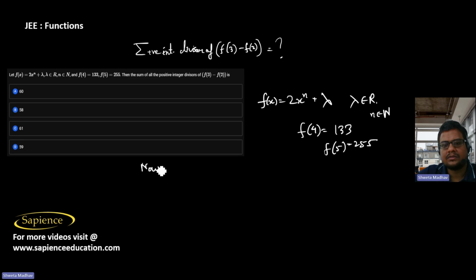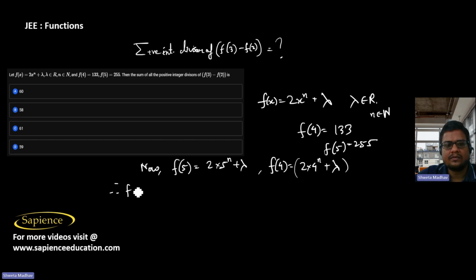So now f of 5 will be equal to 2 into 5 power n plus lambda, and f of 4 will be equal to 2 into 4 power n plus lambda. Okay. So now f of 5 minus f of 4.